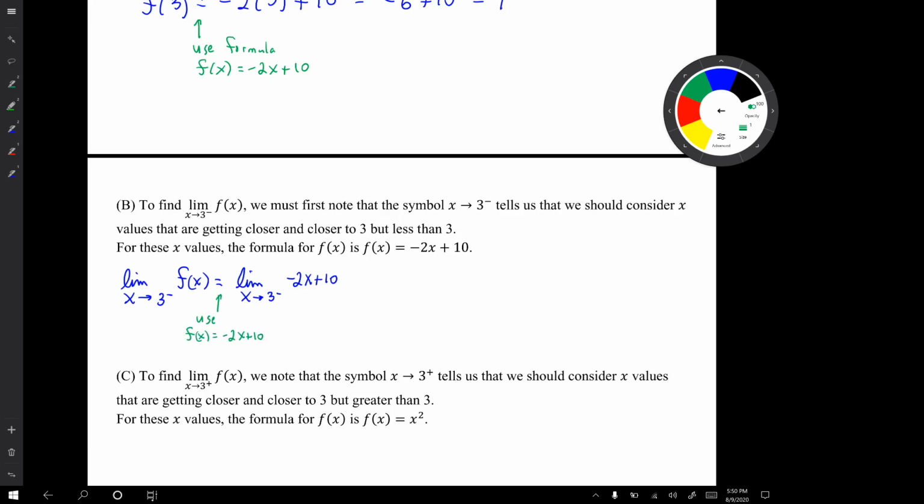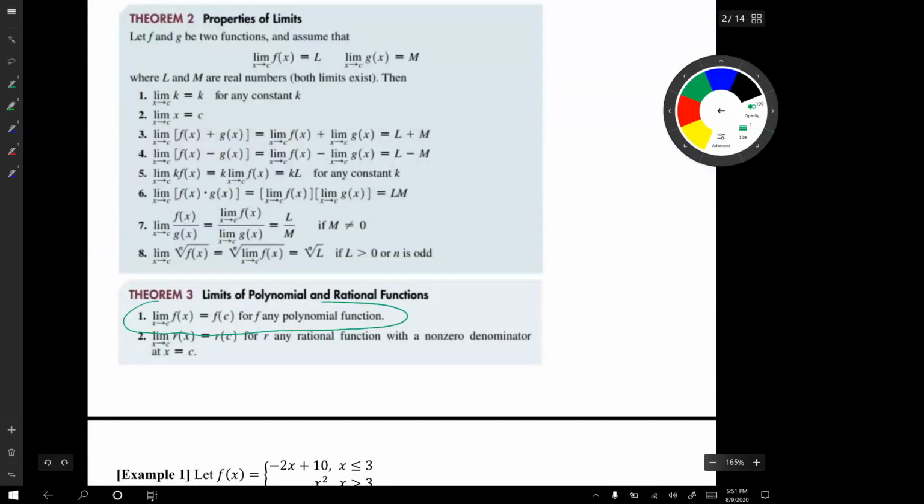Okay, where do we go from here? Well, notice that we have a polynomial function. And remember that one of our tools is that Theorem 3 that says the limit of a polynomial function can be computed by just simply substituting in the x value.